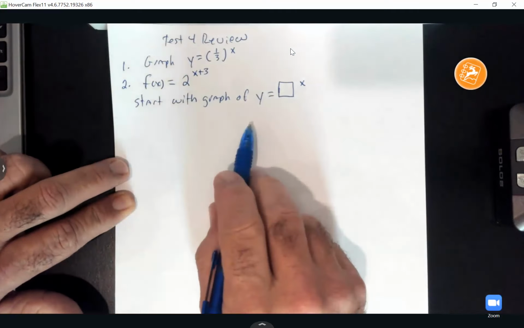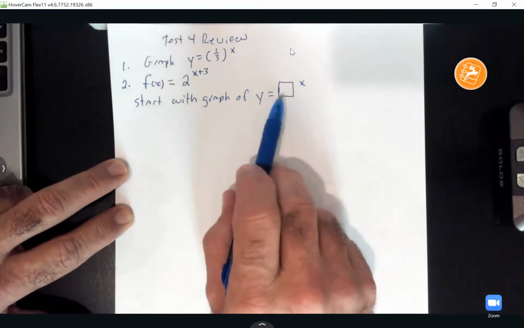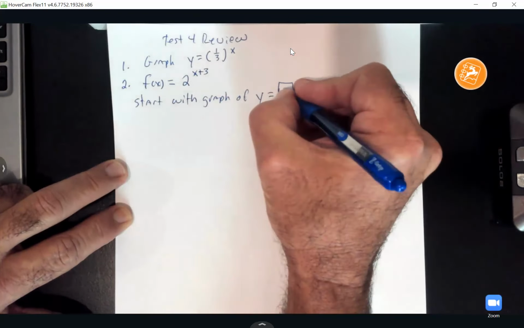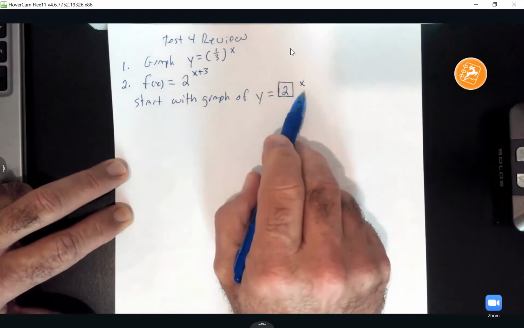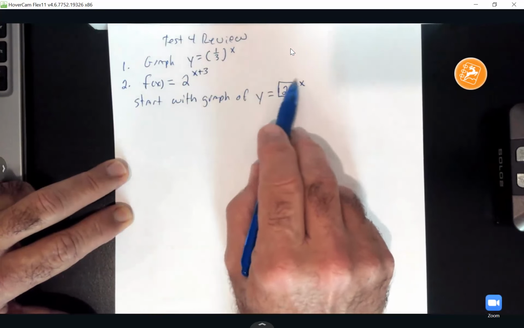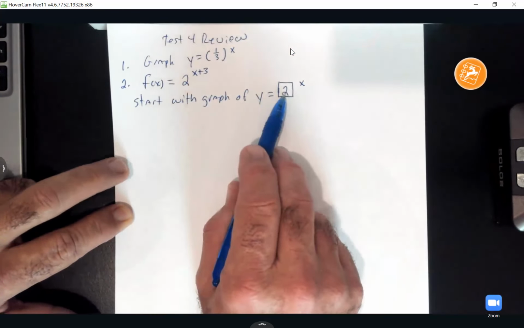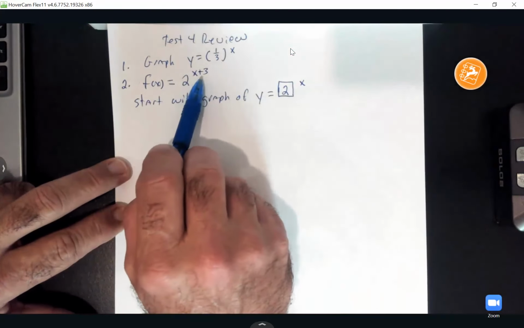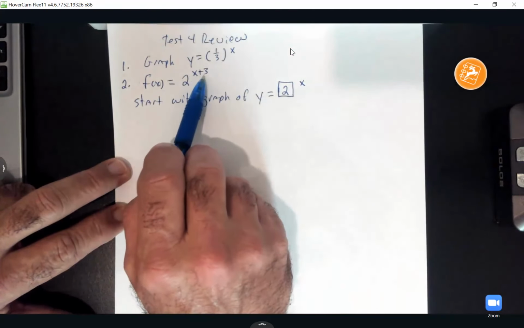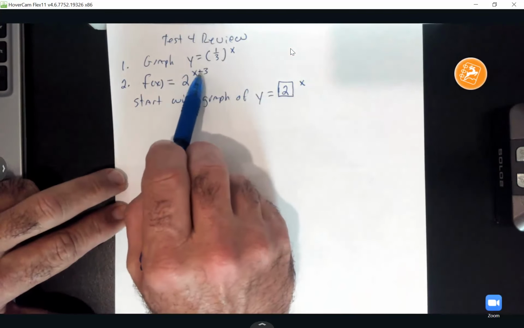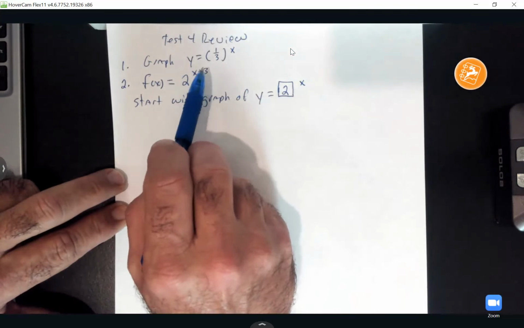And then we'll tell what move it had. So for here, you want to put your base, which is our 2. Now, y'all don't put the x because they've already got the x in the answer blank, okay? So put in your 2, which is your base. And then we got to describe what's happening when we add 3 to the x. Well, remember, when you attach the x as an exponent, it's going to move me left or right.